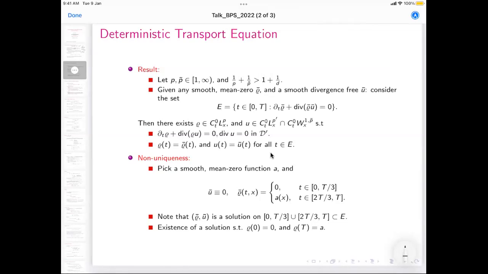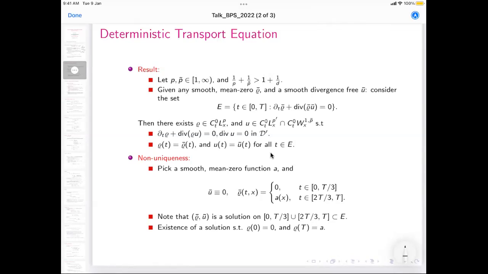Again, don't be surprised by this, because this is where I need to make sense of the problem to define its solution. This is the typical regularity, the same as in the deterministic setting. So you get u in this regularity class, and you also get rho, such that rho and u satisfy this equation in the sense of distributions. And rho and u will be exactly the same as rho bar and u bar once t is in that set.